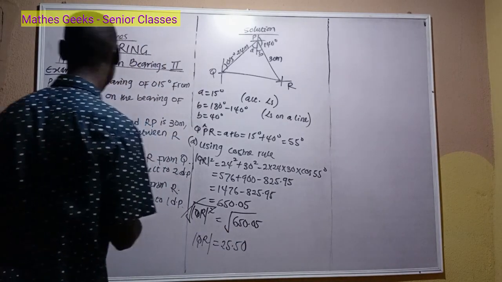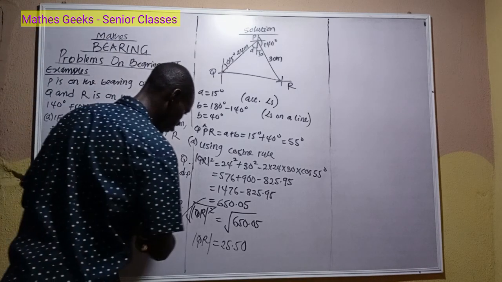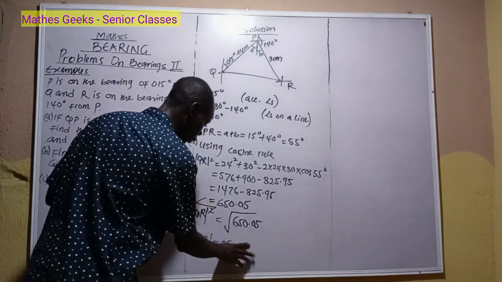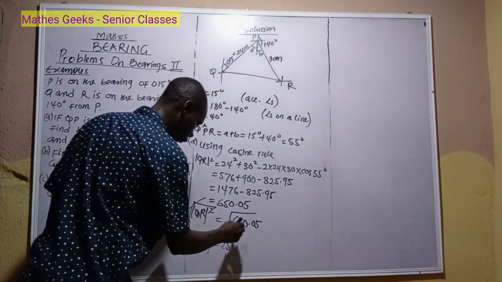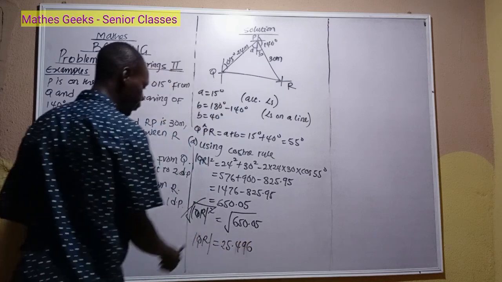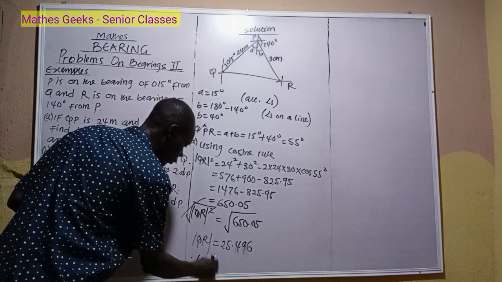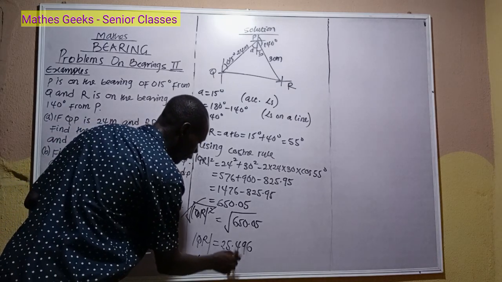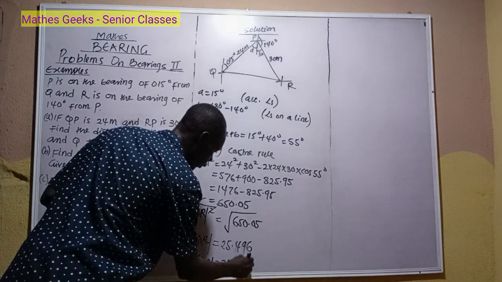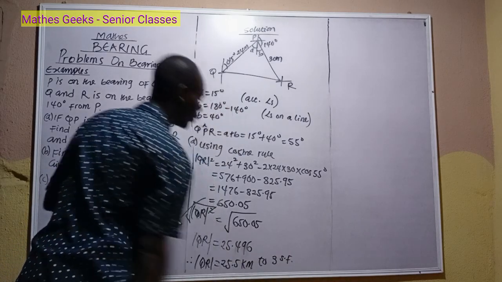The question says we should give it to three significant figures, so QR is equal to 25.5 kilometers to three significant figures.